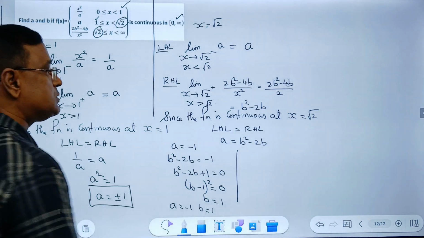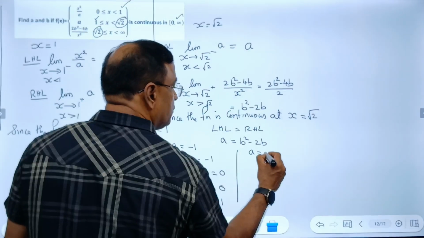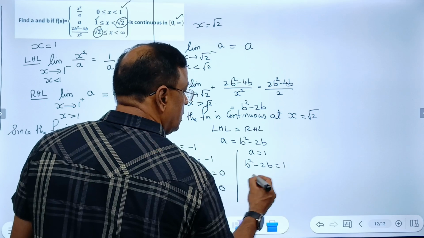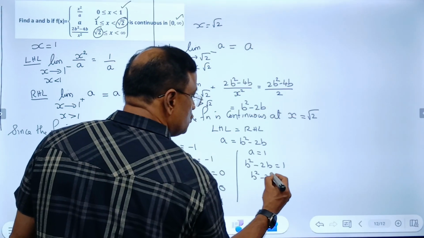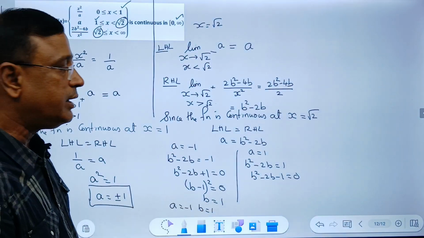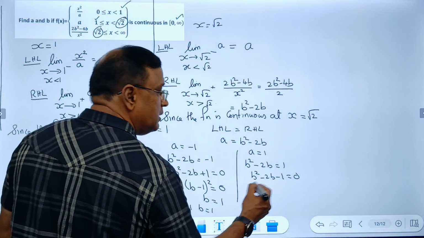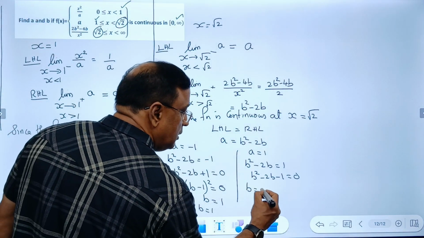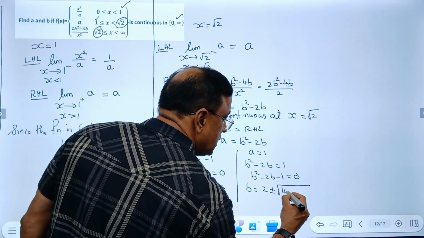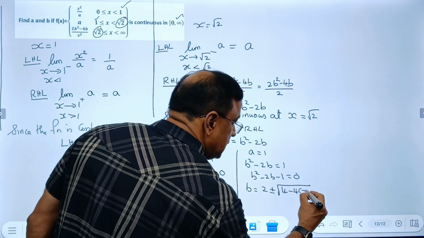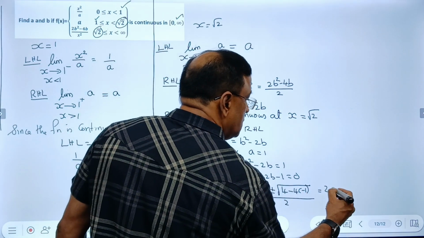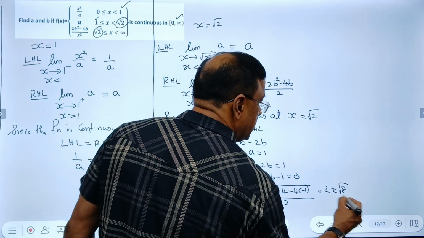Okay. Now let's talk about a equal to 1. When a is 1, what happens? b square minus 2b is 1. So b square minus 2b minus 1 equal to 0. Now this is a quadratic equation. We can't split the middle term, so I have to use the formula minus b plus or minus root of b square minus 4ac divided by 2a, which is 2 plus or minus root 8 by 2.